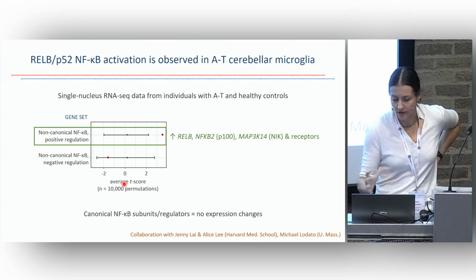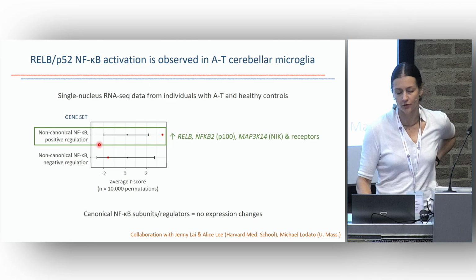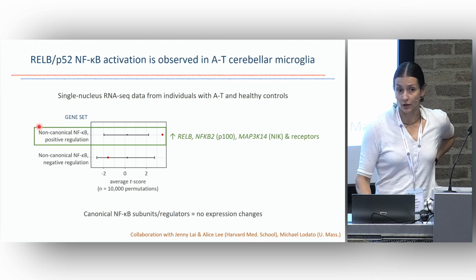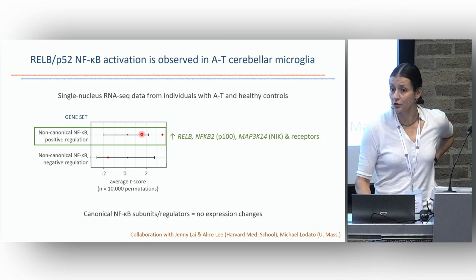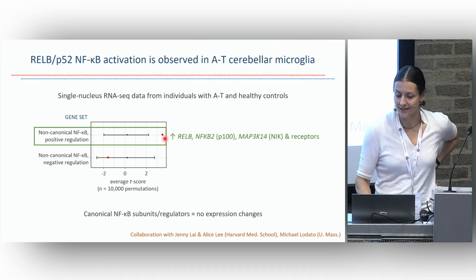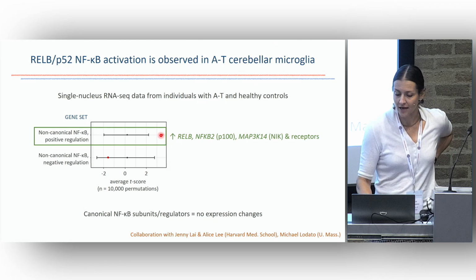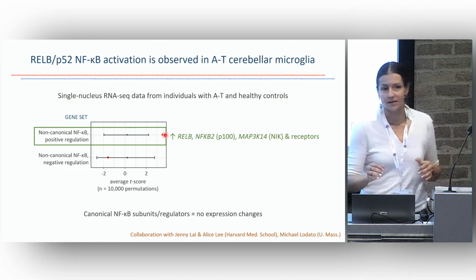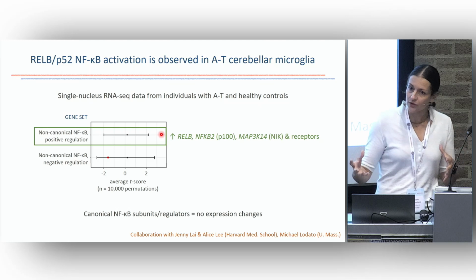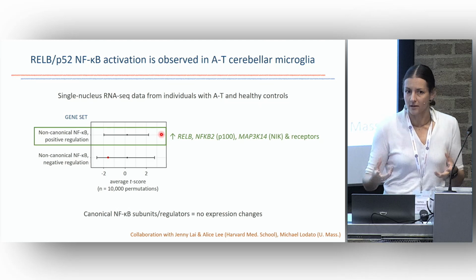It is the change in gene expression in different conditions. If we took, for example, a data set of the same size as this non-canonical NF-kappa B data set, then that would give us a distribution of t-scores, shown here as this bar. The actual t-score of our specific gene set is shown here in red. What it means is that this particular gene set is significantly upregulated in AT microglia versus healthy microglia in the cerebellum.